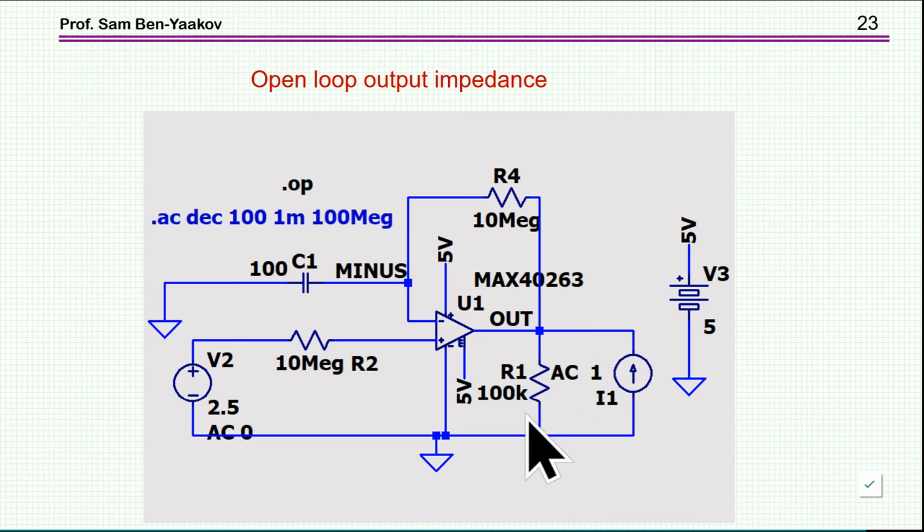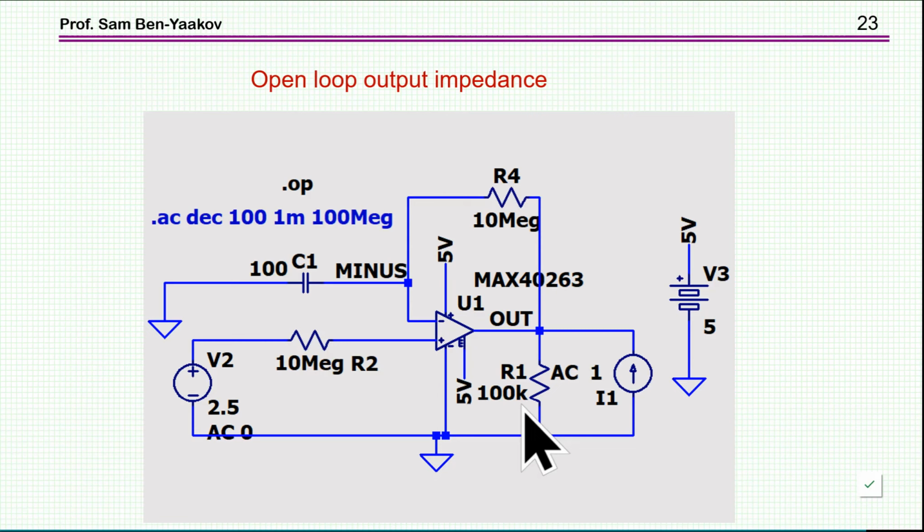Now I put here just for loading a little bit 100 kilo ohm. So when running it, I know I have 100 kilo ohm, and then there's a 10 mega ohm, which is also large, of course. But I haven't mentioned it earlier, and I should stress that it is extremely important before running an AC analysis to make sure that the operating point is the one that you wish to have.